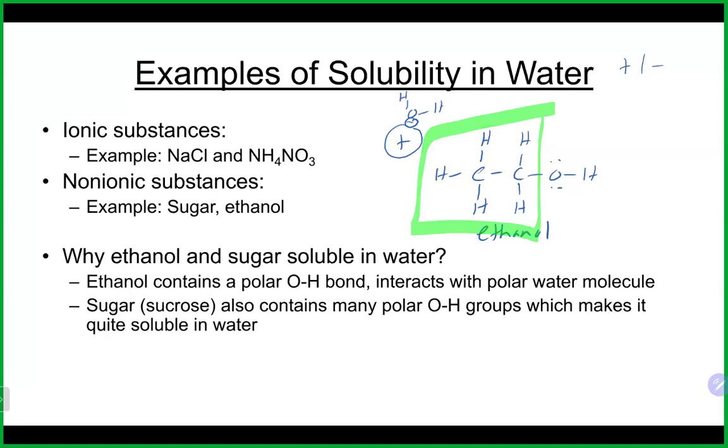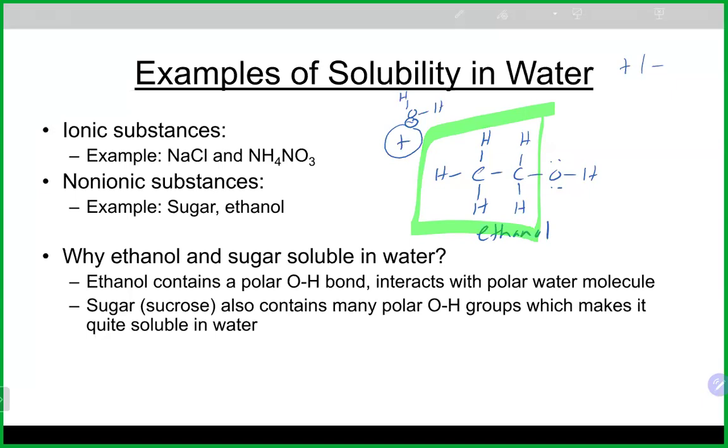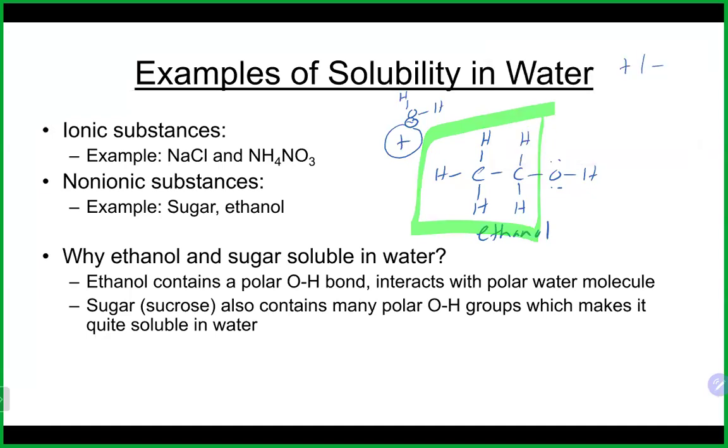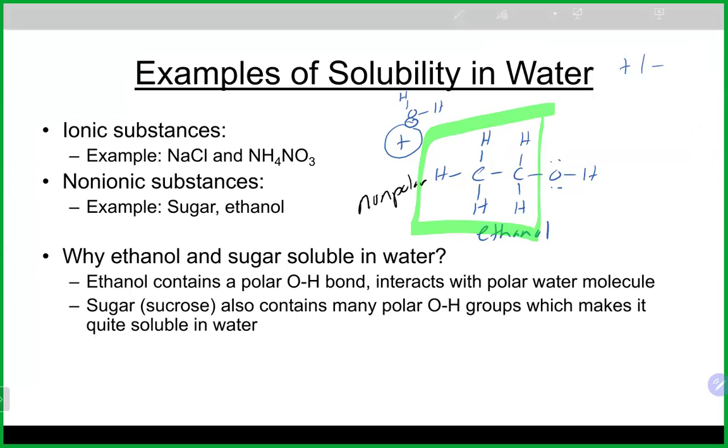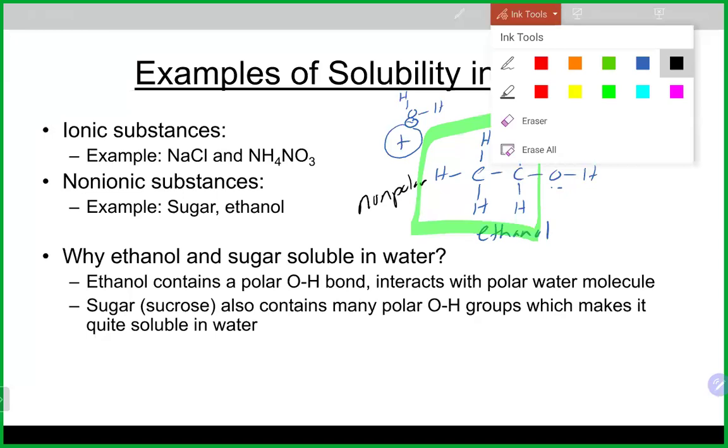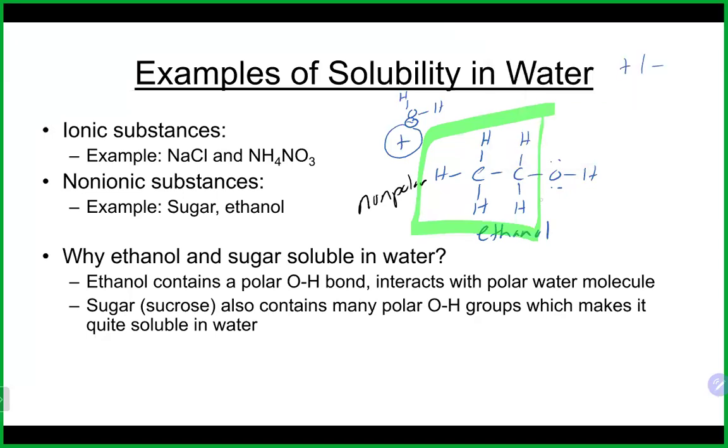And if you remember from bonding, all of those bonds are nonpolar. A carbon-hydrogen bond has a difference of 0.4 in electronegativity. Carbon-carbon has a difference of 0. Those are all nonpolar bonds. So something like ethanol actually has two sides to it. It has a nonpolar side, but what it also has, which is really important for how it's able to work well with water, is this side right here.